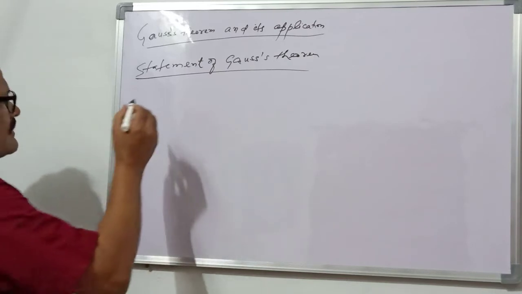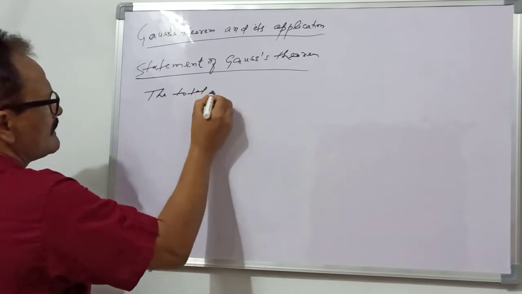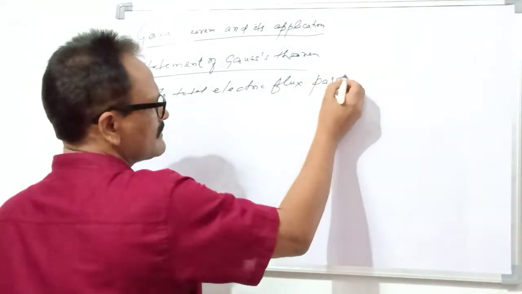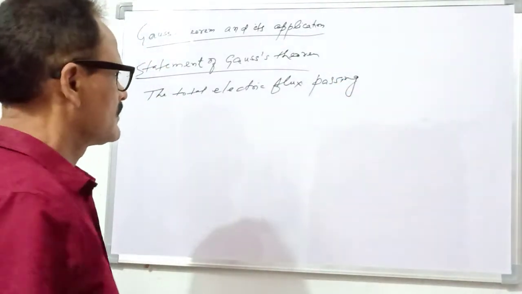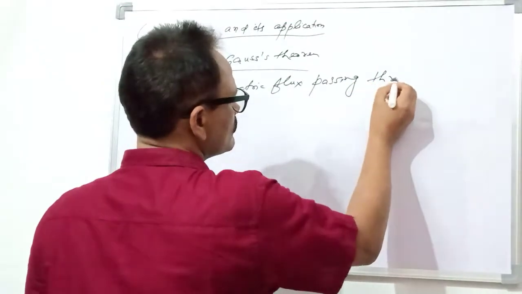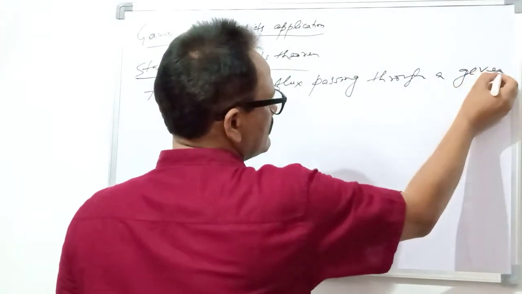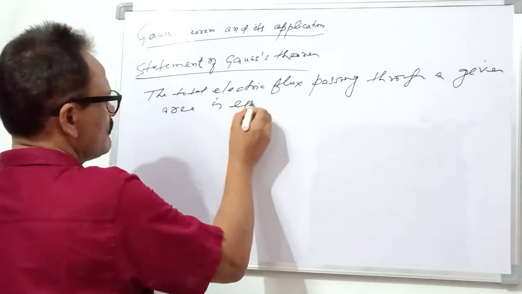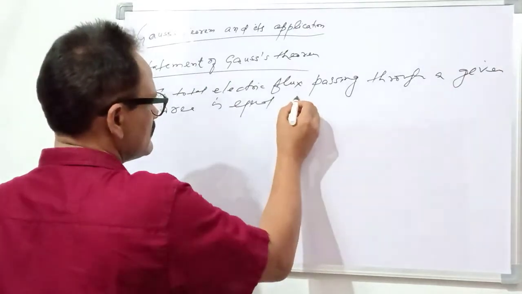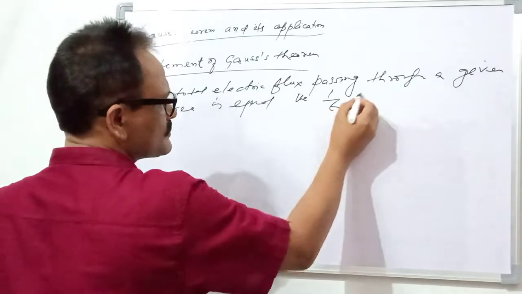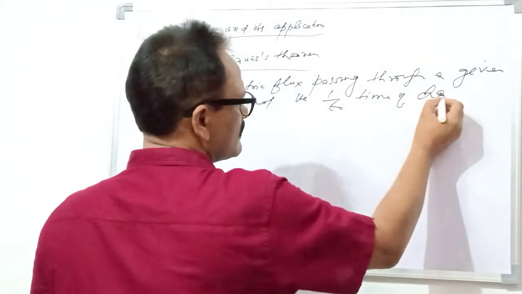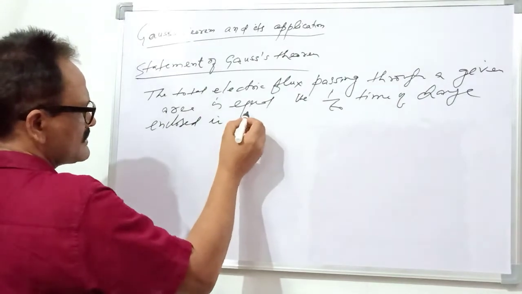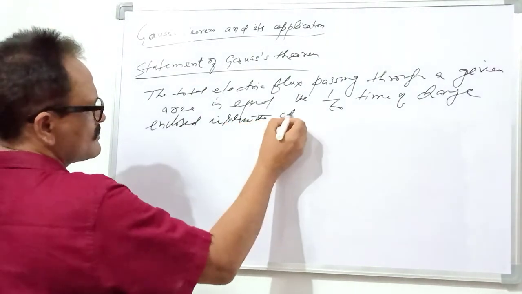According to Gauss's theorem, the total electric flux passing through a given closed surface is equal to 1 by epsilon times the charge enclosed inside the closed surface.